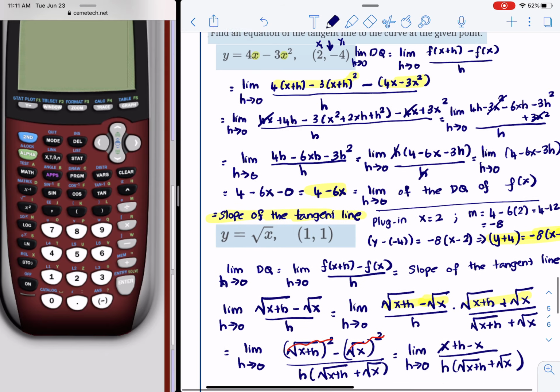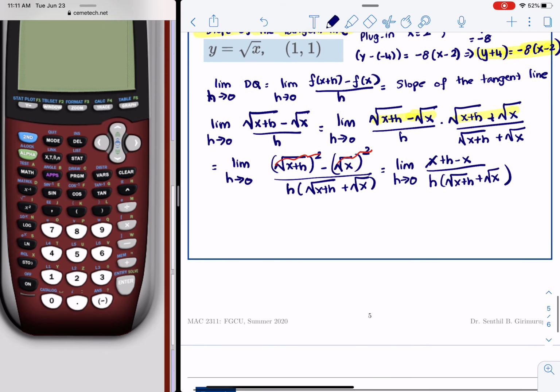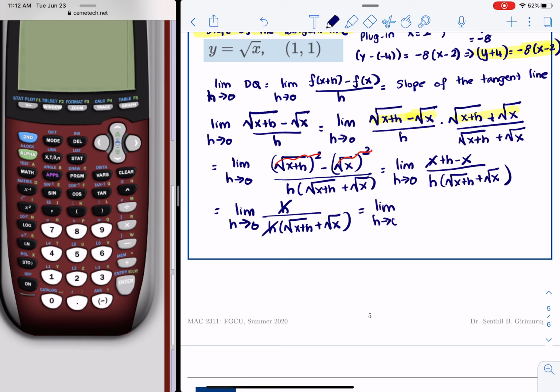The x's would go away, and we'd simply have limit h approaches 0, h divided by h times square root of x plus h plus square root of x. Now the h goes away there, and we'll simply have 1 over square root of x plus h plus square root of x.